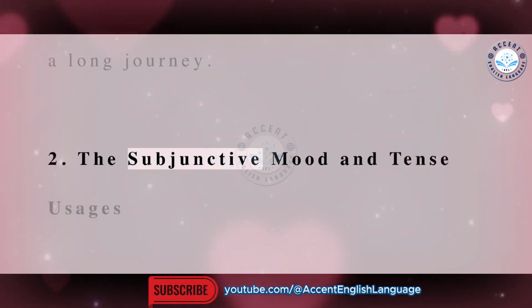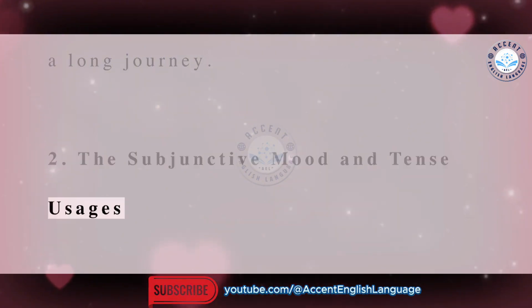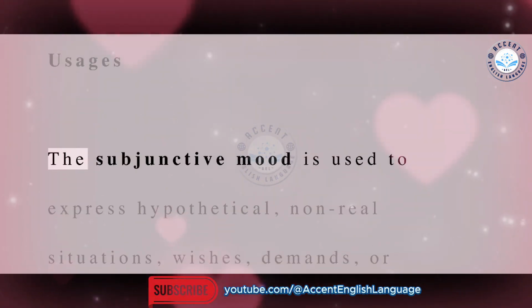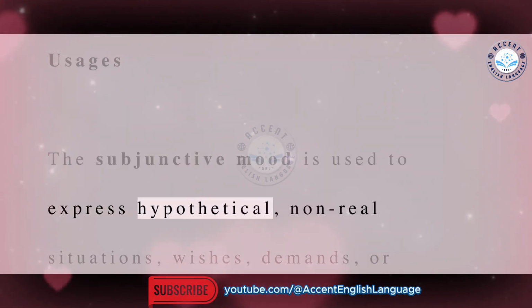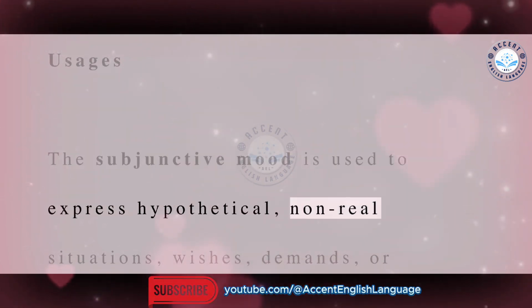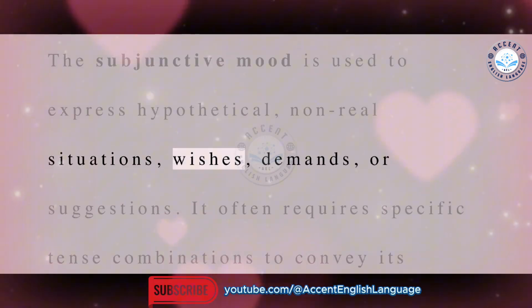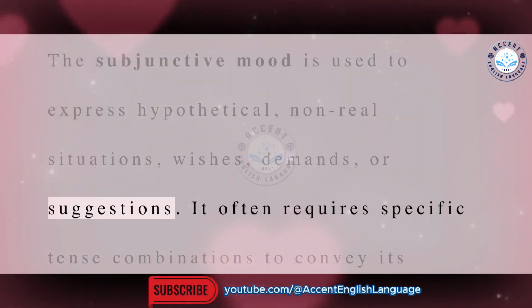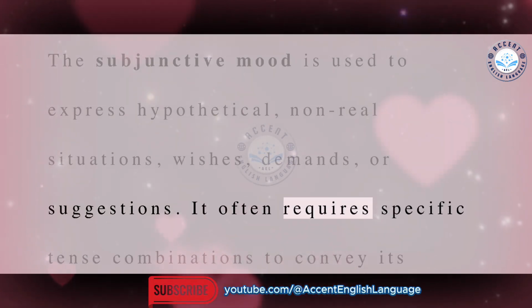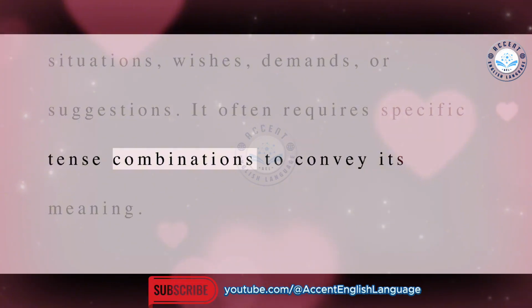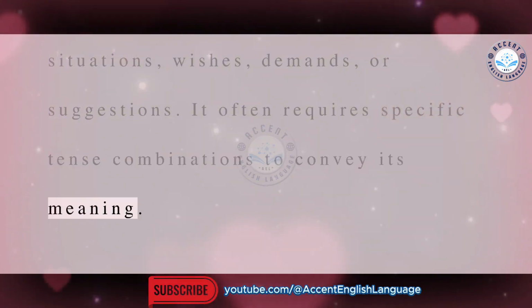2. The subjunctive mood and tense usages. The subjunctive mood is used to express hypothetical, non-real situations, wishes, demands, or suggestions. It often requires specific tense combinations to convey its meaning.